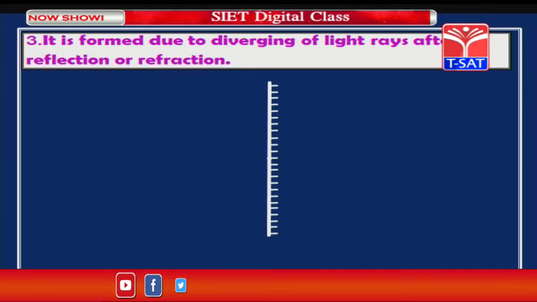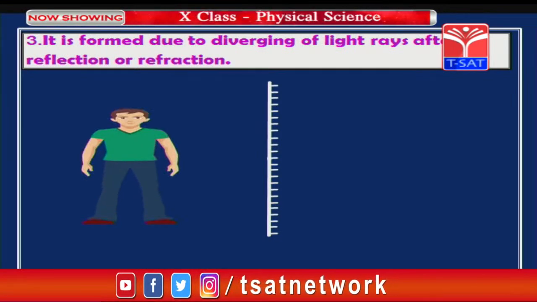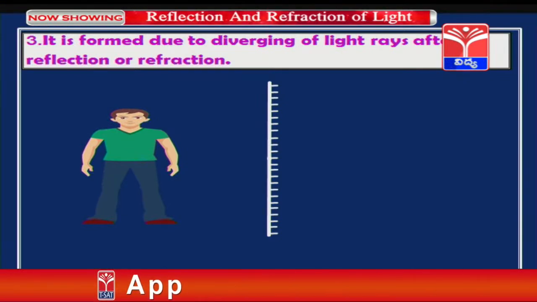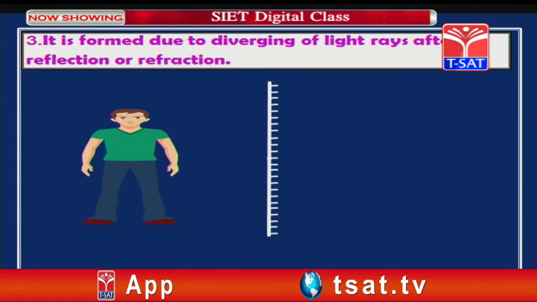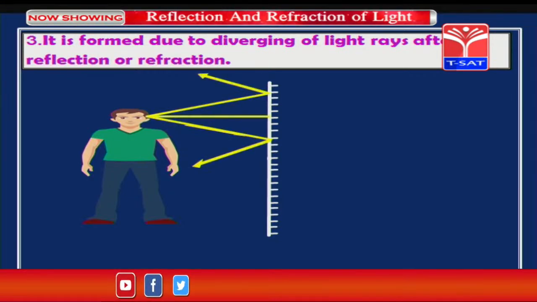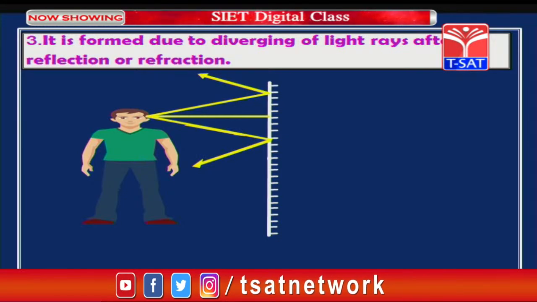Here we can see plane mirror. Here we took this person as the object. You can take a person or a candle or a tree or any object. Light rays from the top of the object travel toward the mirror and they undergo reflection.